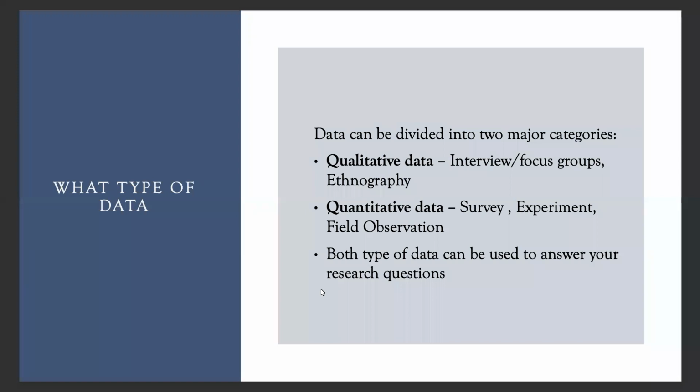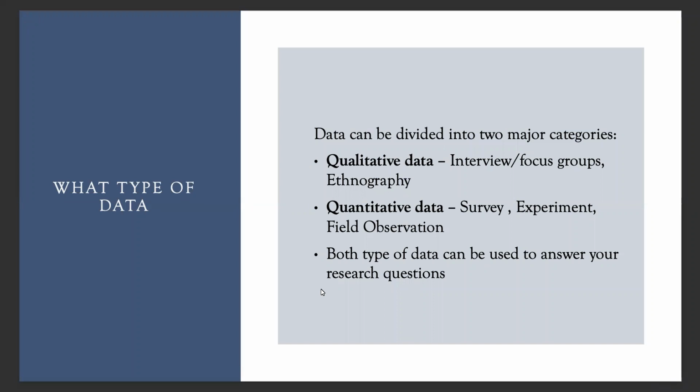And there is another type of data called quantitative data, which is something you obtain through surveys, experiments, or field observation, where you are actually noting down some objective value for different attributes of the data. I will give you more examples in the slides after this.